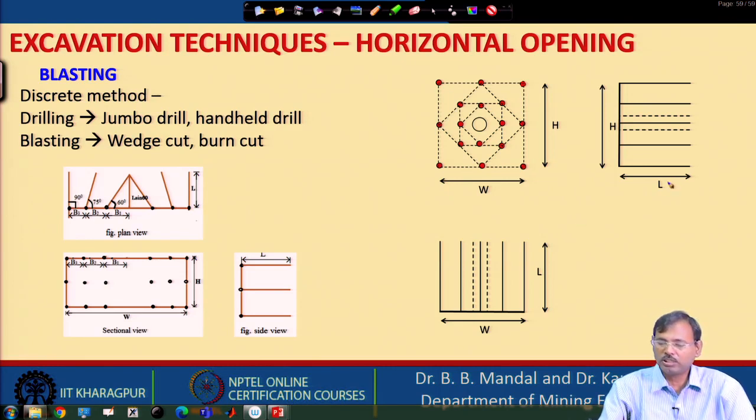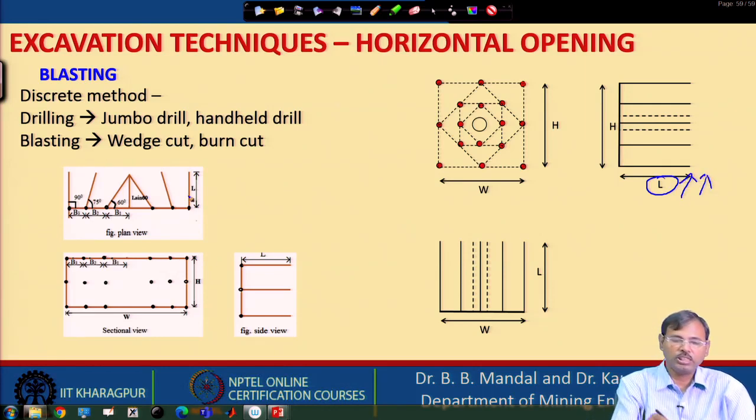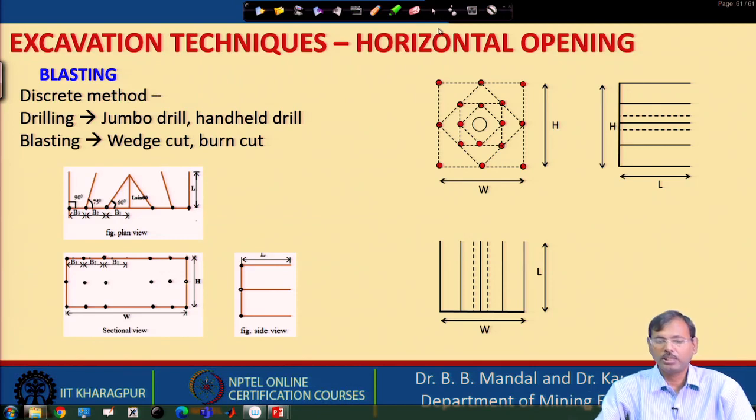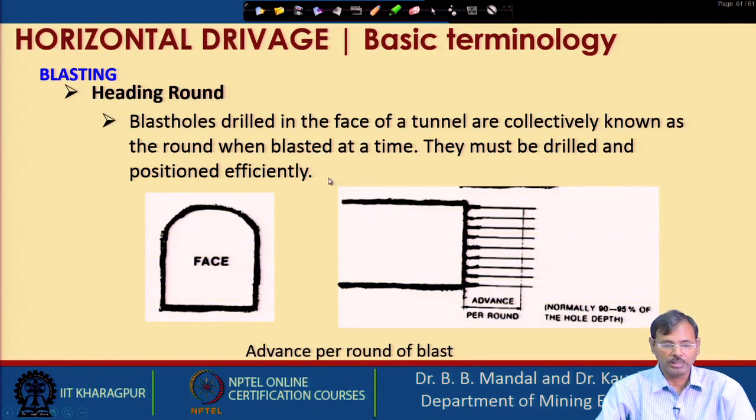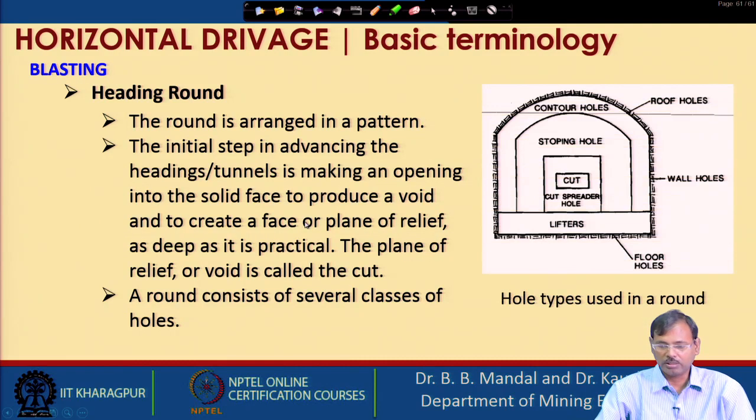So, we generally try to opt for L as large as possible, which is not possible in case of wedge cut, but that can be possible with the burn cut, and that is why burn cut is a very popular method of blasting pattern practiced in the horizontal drivages. So, these are the advances obtained per round, and these are the terminologies.